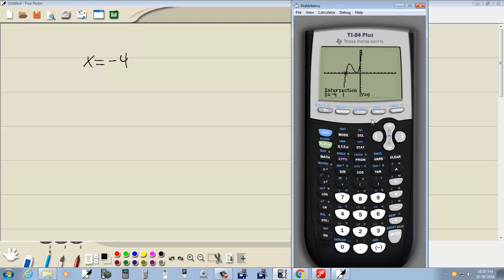And we get -4. Let me put 0 in. Second trace, choose intersect, enter, 0. Okay, it's not finding this one at all. Now what that tells me is typically it's touching at a point there.